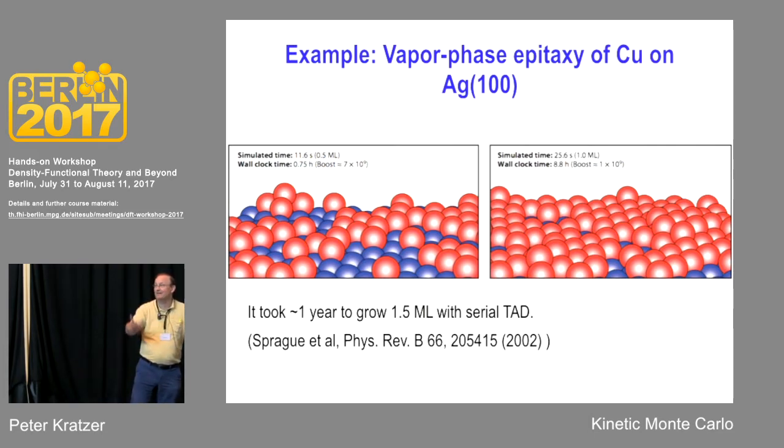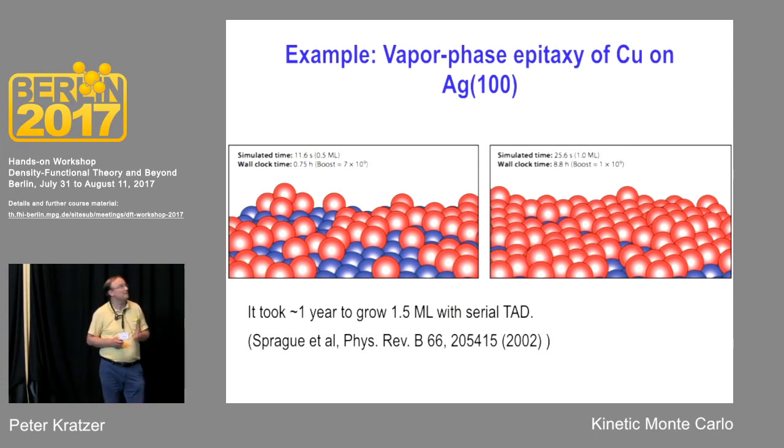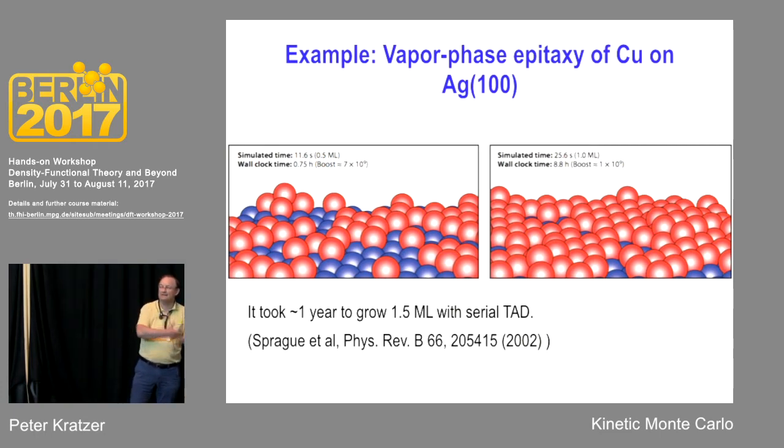So the spawning of tasks gave a big speed up of the simulation. Still, of course, any such TAD simulation is much slower than a lattice KMC. If you can do a lattice KMC, then you should do it. It's much faster.